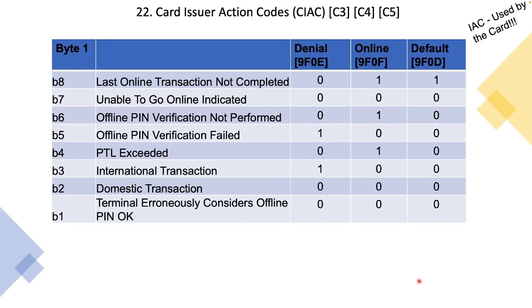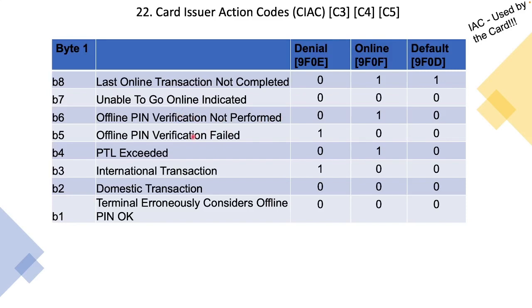Right? So what are the things that the card uses for its risk management when it uses card issuer action codes? It looks at: if the last online transaction was not completed, what action would you like to take in this new transaction? If the terminal has indicated that it's unable to go online, what action would you like to take? If offline PIN verification was not performed, what action would you like to take?